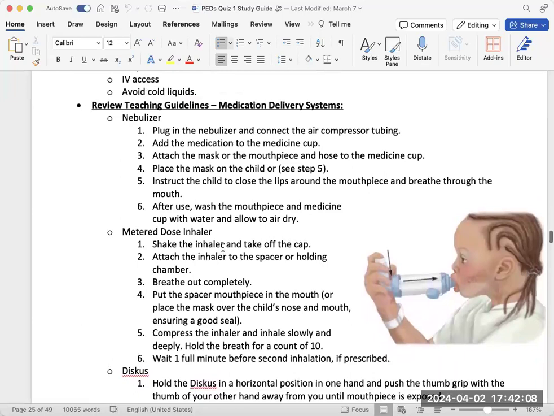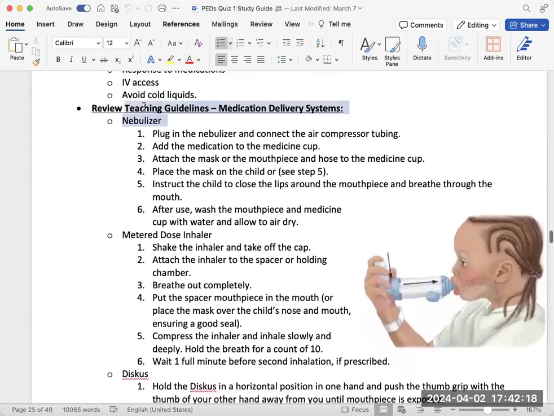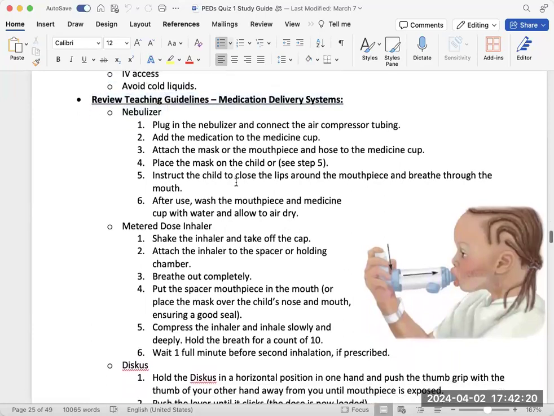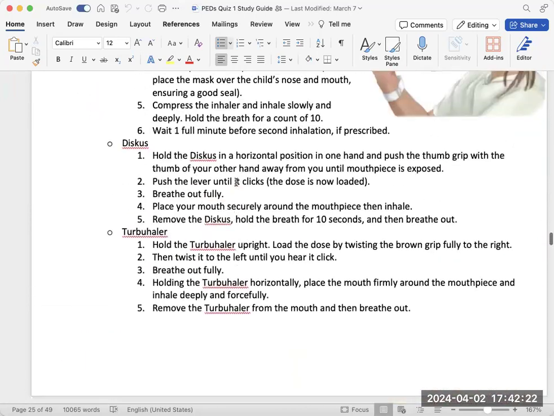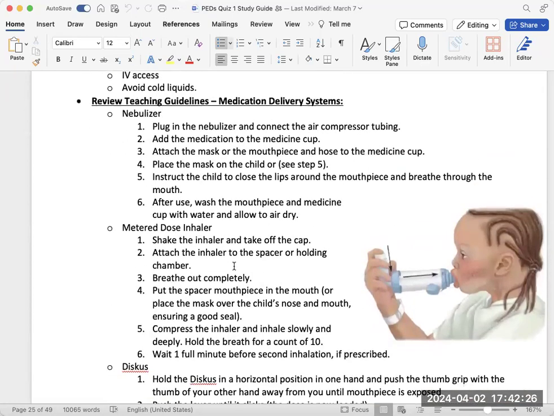I'm not going to get into all of the guidelines for how to teach a patient how to use the medication delivery systems, but I would review this because she may ask a question about that. But there's a few different types. I don't think she did on my exam, but I would know the difference between the nebulizer and the metered dose inhaler.